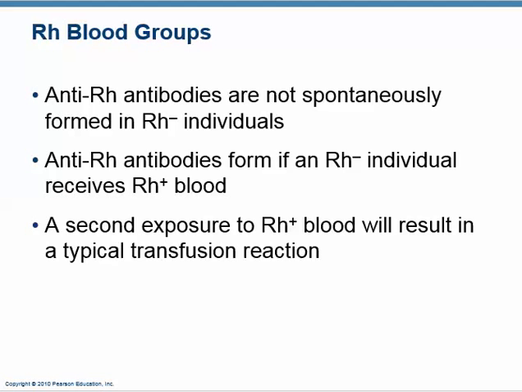So if somebody is Rh negative and they get a transfusion of Rh positive blood, it will work the first time. But then they will develop antibodies against that Rh positive blood, and the second exposure to Rh positive blood will mean that they'll have a transfusion reaction. They will have agglutination and the transfusion won't work.